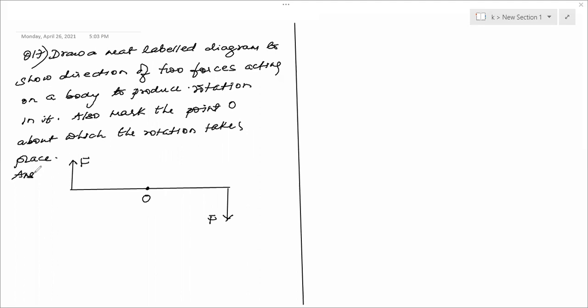I hope people have understood this. See, these are two forces. This force acts at point A, this force acts at point B. Look at the direction of the forces. They are opposite.